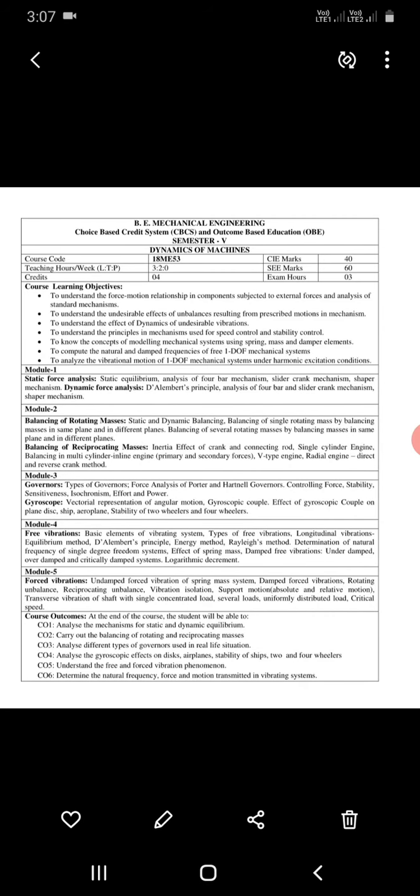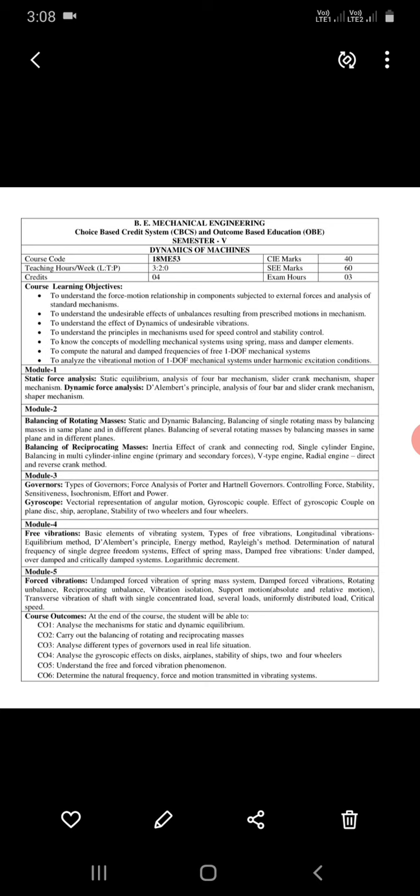In module 4, we'll learn about the free vibrations, basic things about vibrations, definitions of vibrations and derivations of vibrations.